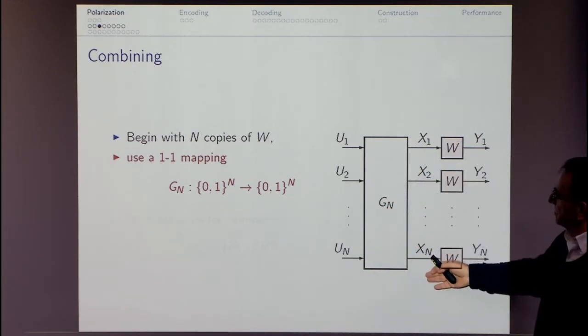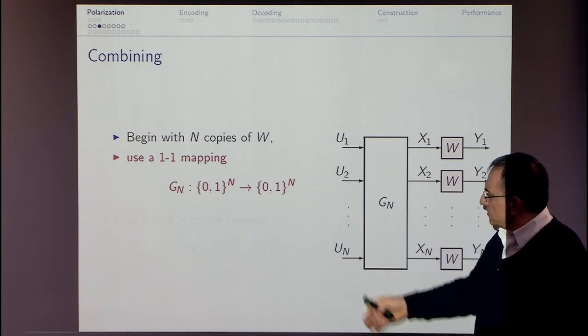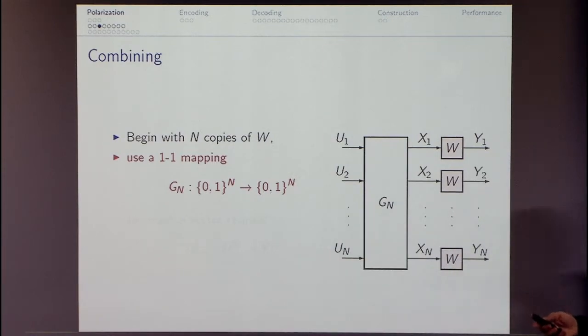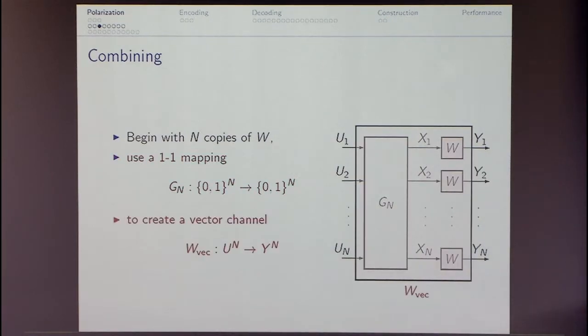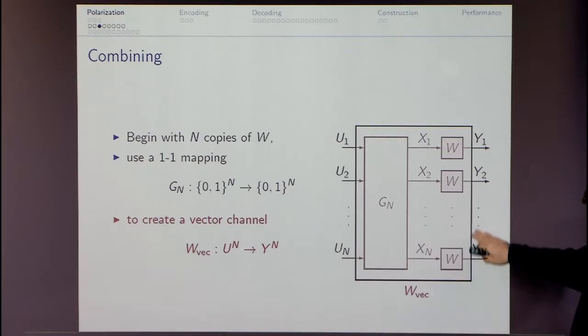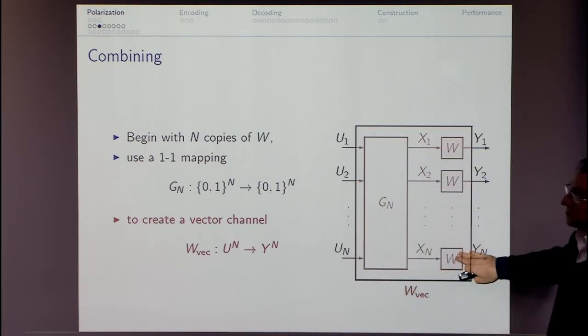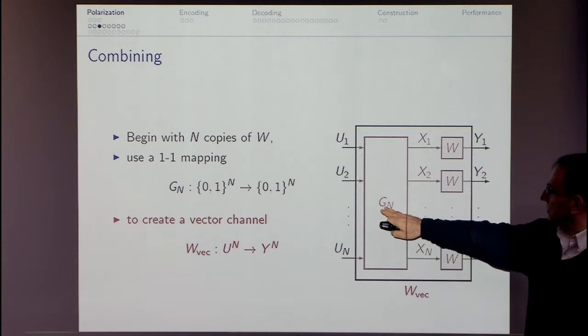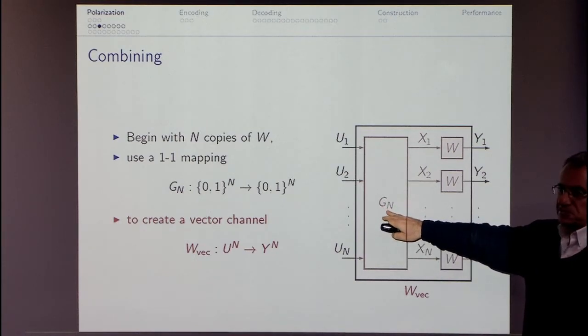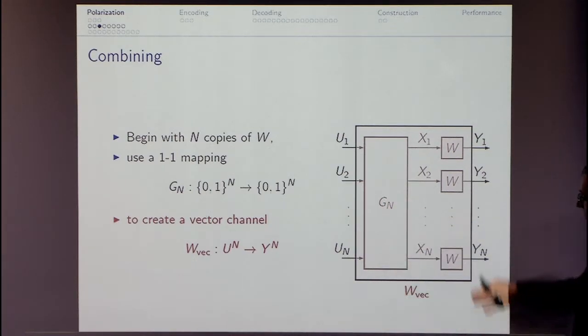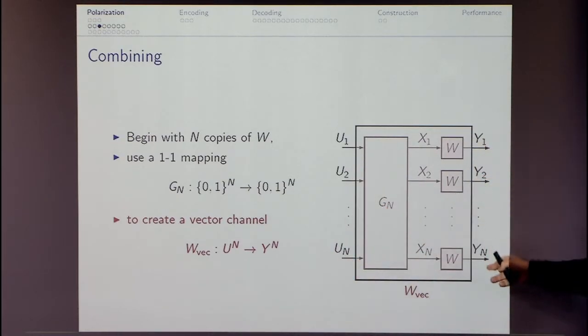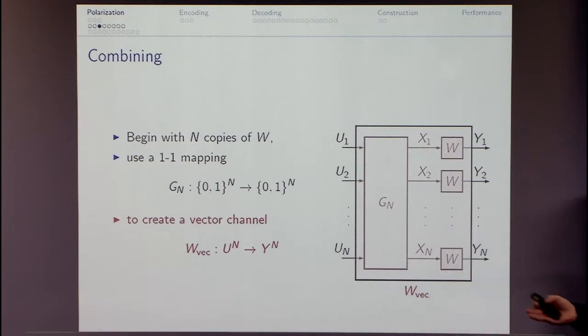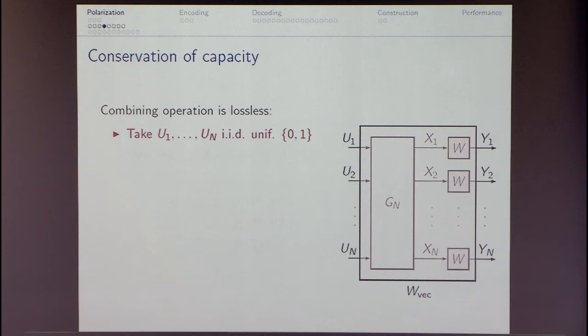So these are the inputs to the combined channel, the vector channel. So this is a virtual channel that we've created now, that we will create by putting in here various different transforms. So this is now an n input, n output channel. And we would like to split this channel back into binary input channels.